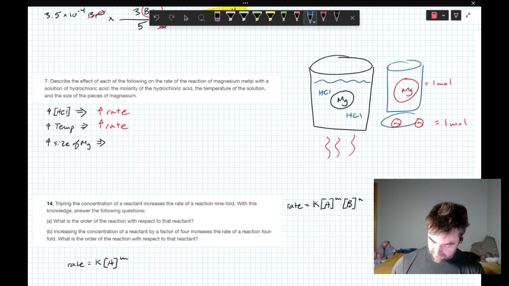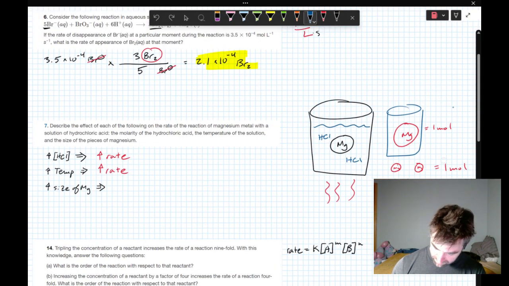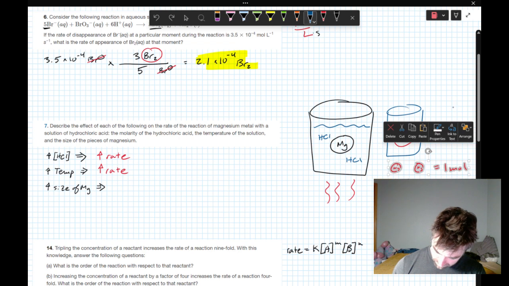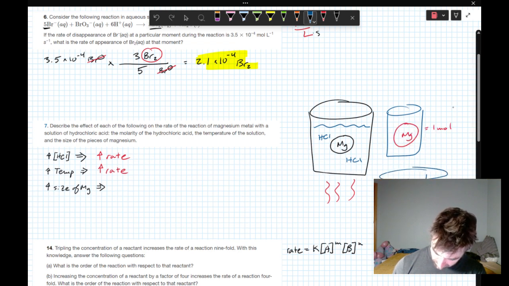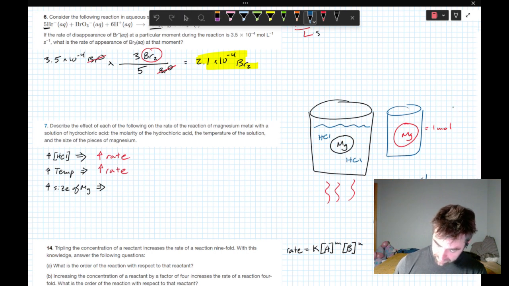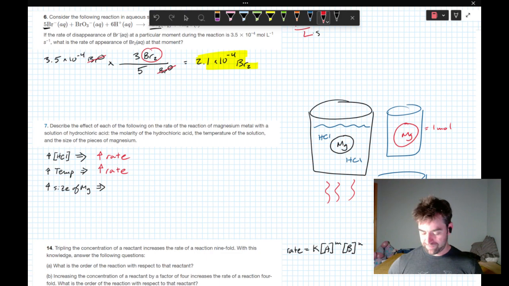We have 1 cup here, and that's a different cup. Which one is going to react faster?